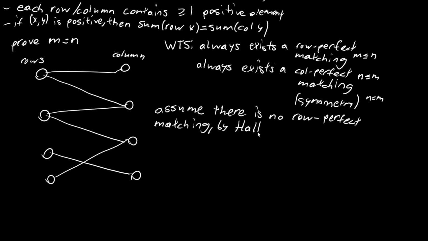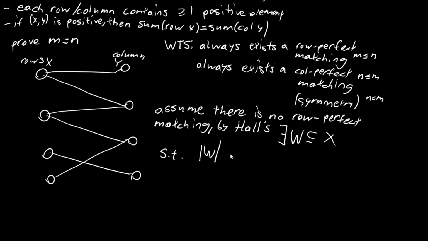So if there is no row perfect matching, then by Hall's theorem there exists some subset of these rows. I'll call it subset W again, which is a subset of X. Let's call the rows X and the columns Y, just like we did before, such that Hall's marriage condition is not satisfied.